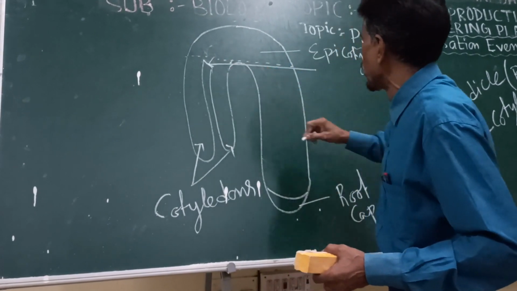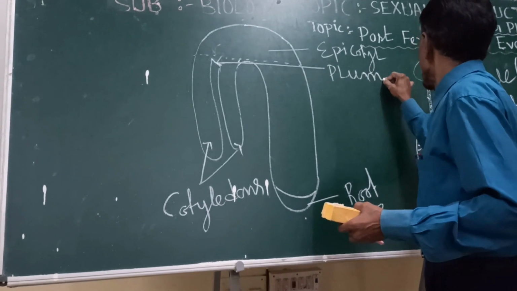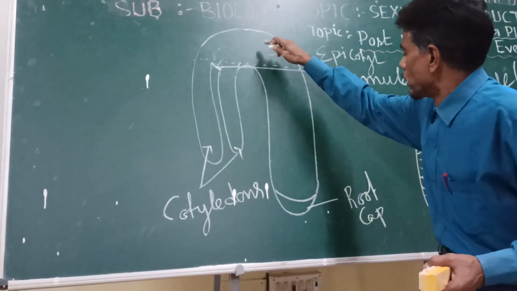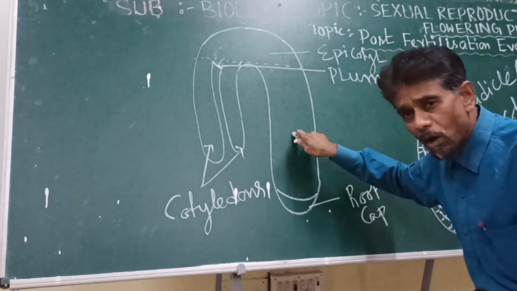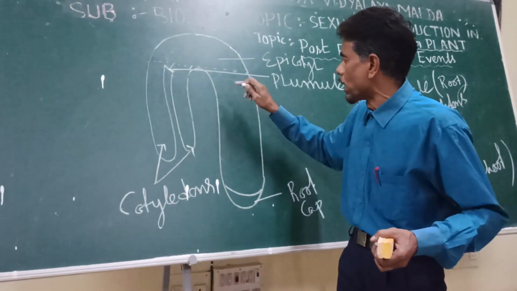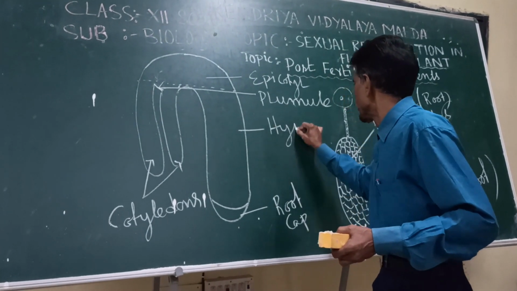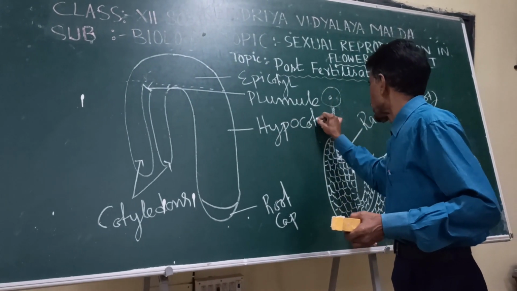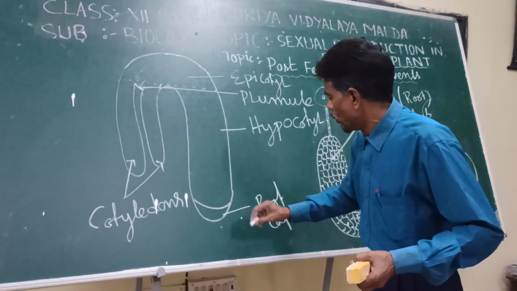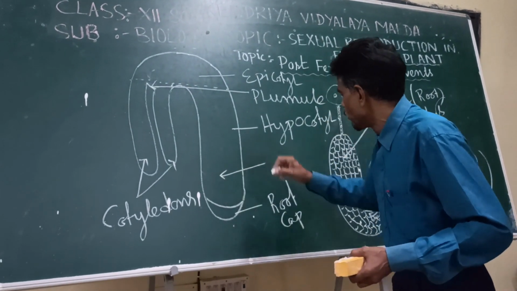The epicotyl gives rise to the plumule, and the embryonal axis below the level of the epicotyl is called the hypocotyl. This hypocotyl terminates into the radicle, otherwise called the root tip.